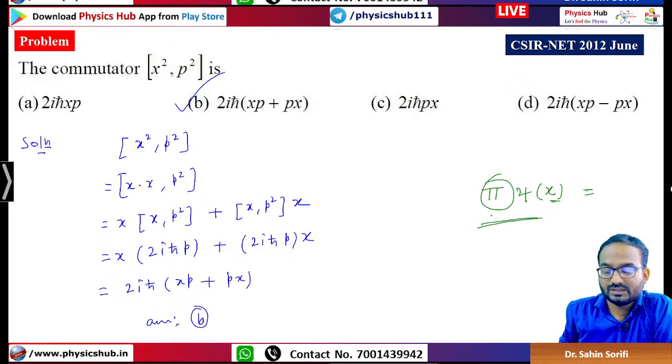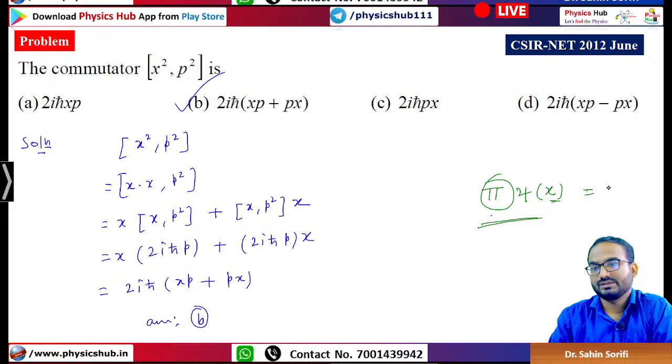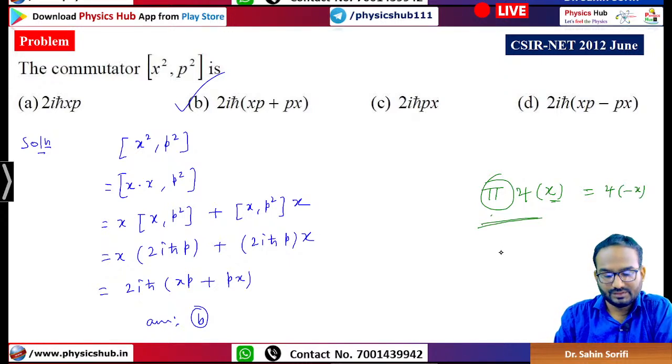Instead of writing incorrect things, let me just check it. Oh, we wrote it correctly before. It is ψ(−x) only. If I write it in terms of r, this will be ψ(−r).